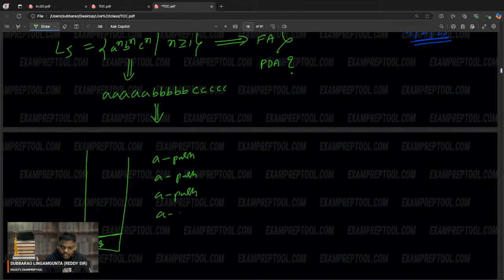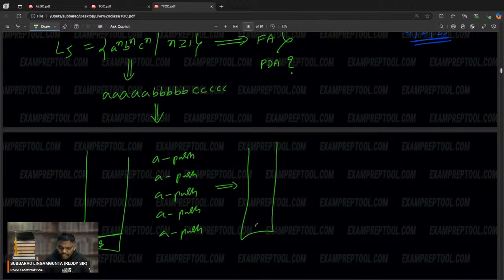Then the stack will become like this, followed by 5 A's pushed. A's come, push, I have done it.